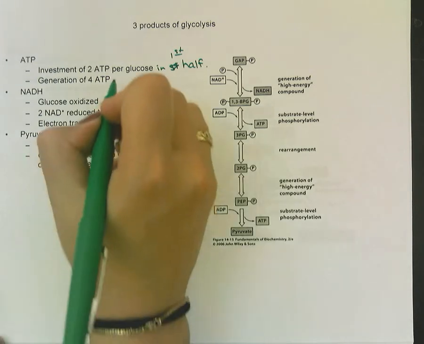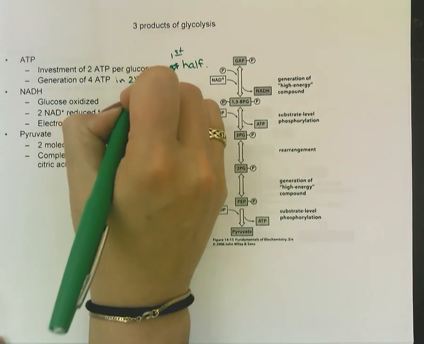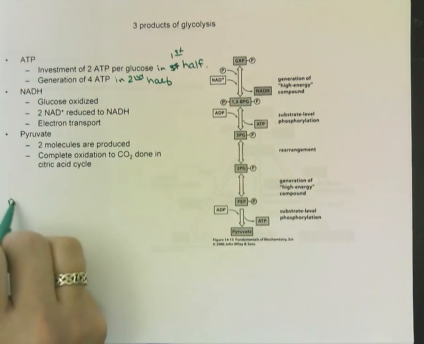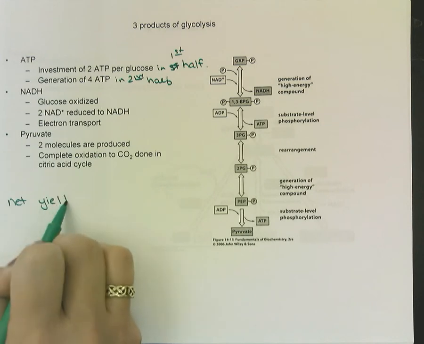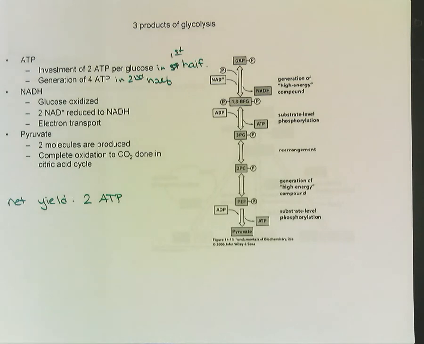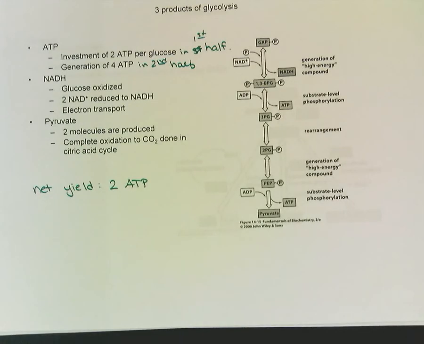We generate 4 ATPs in the second half. Which makes our net yield overall 2 ATPs.